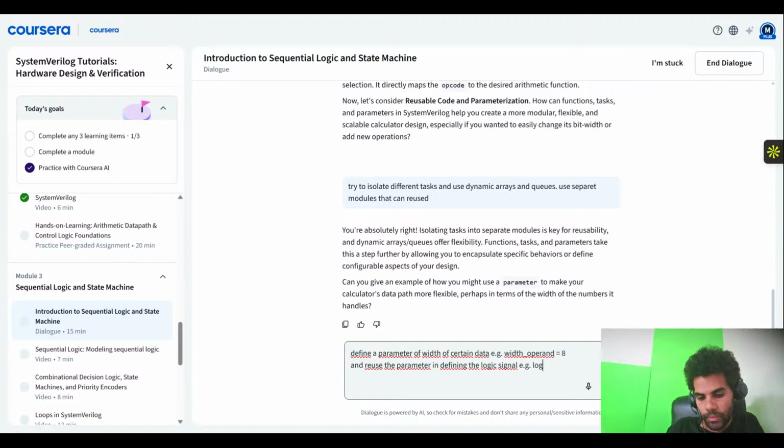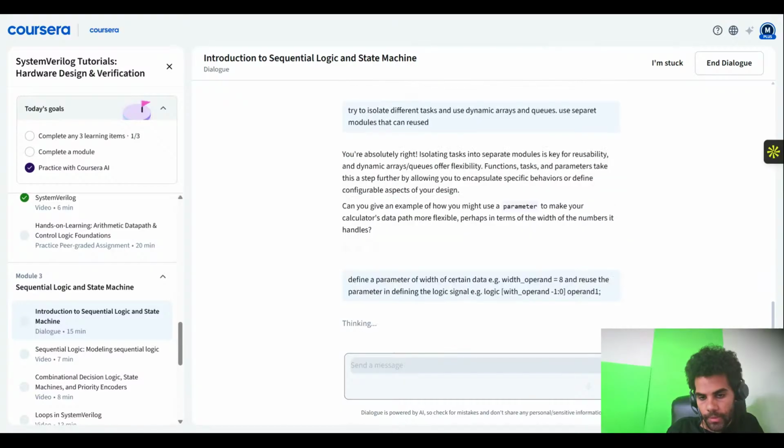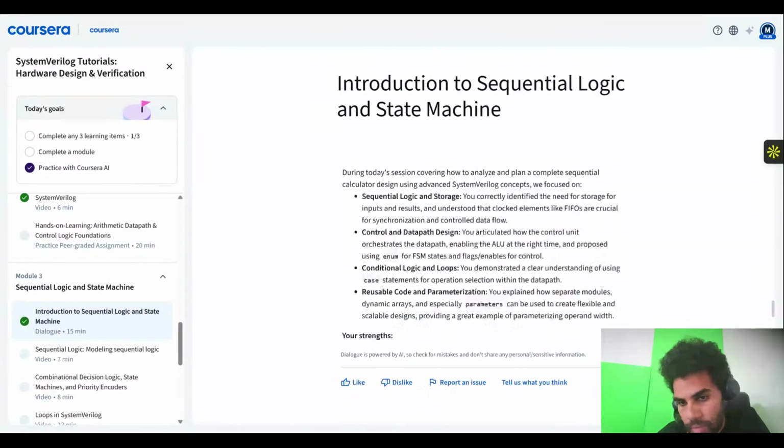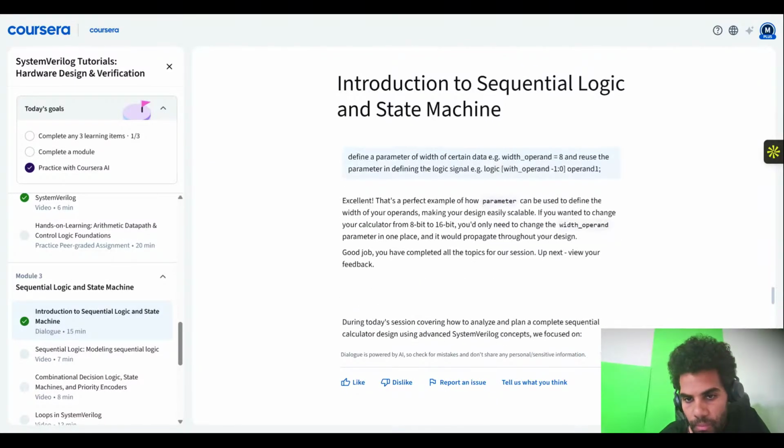Example, logic with WIDTH_OPERAND minus 1 down to 0 of operand 1. Excellent. That's a perfect example of how a parameter can be used to define widths. Correct.